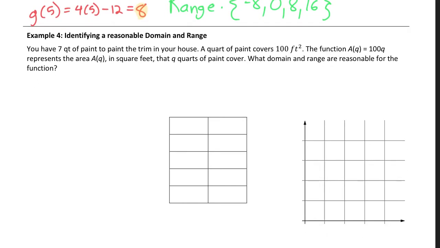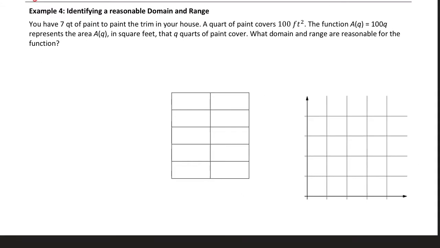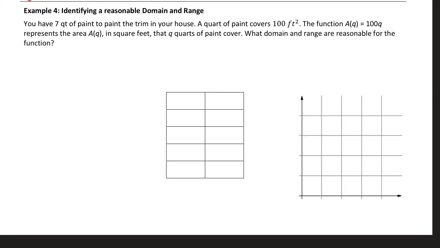And then our final example here is a good one. It's using a domain and a range in a context. So it says you have 7 quarts of paint to paint the trim in your house. A quart of paint covers 100 square feet. The function A of Q equals 100Q represents the area that Q quarts of paint will cover.